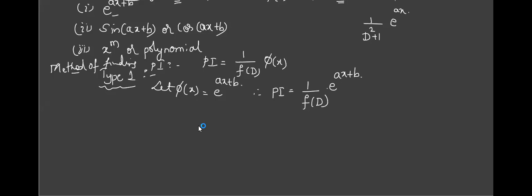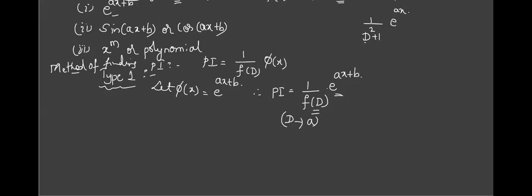Now in this f of D, all the D's you replace with the coefficient of x in the exponential. What is the coefficient of x in the exponential? Coefficient means what is attached to x? a, plus b. So replace D by a.